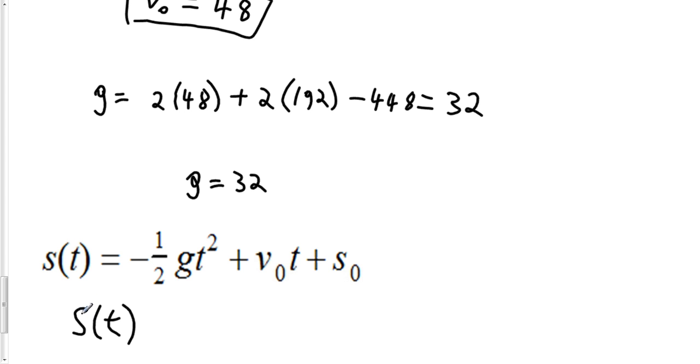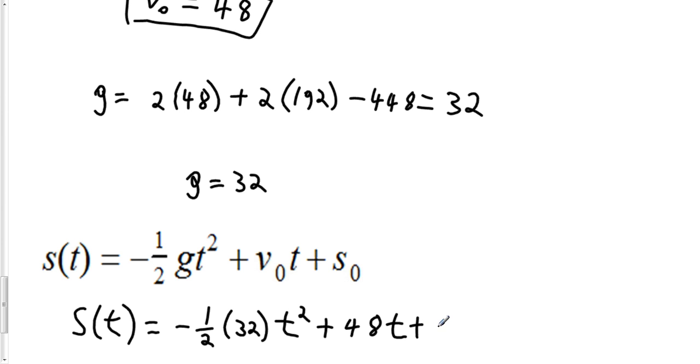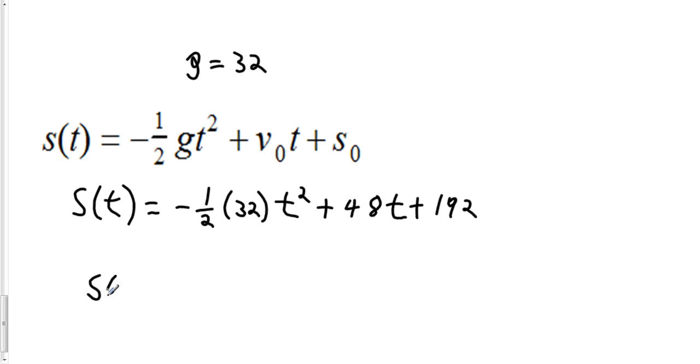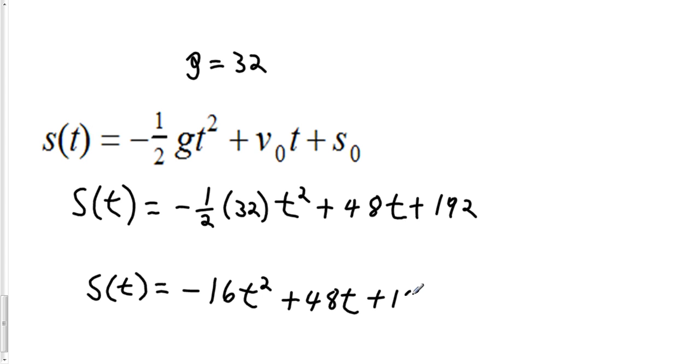So s of t, or position as a function of time, is equal to negative 1/2 times g, which we just found to be 32, times t squared, plus v naught, which we found to be 48, times t, plus s naught, which we found to be 192. So here's my position function. The position of the object in terms of time in seconds is negative 16 t squared plus 48 t, plus 192.